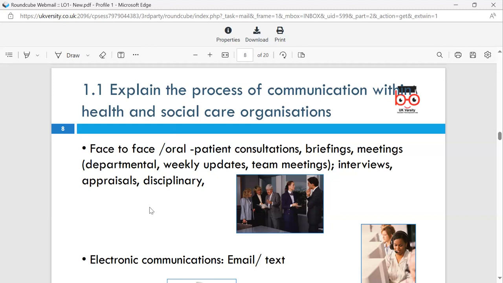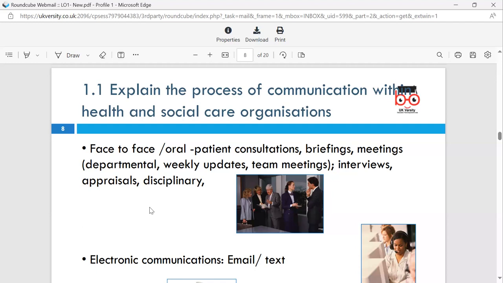Oral patient consultations are so important in the health and social care profession, because you are there to identify what the person is feeling, but also go through with the patient about their illnesses or their medication. So you need to be able to do that.